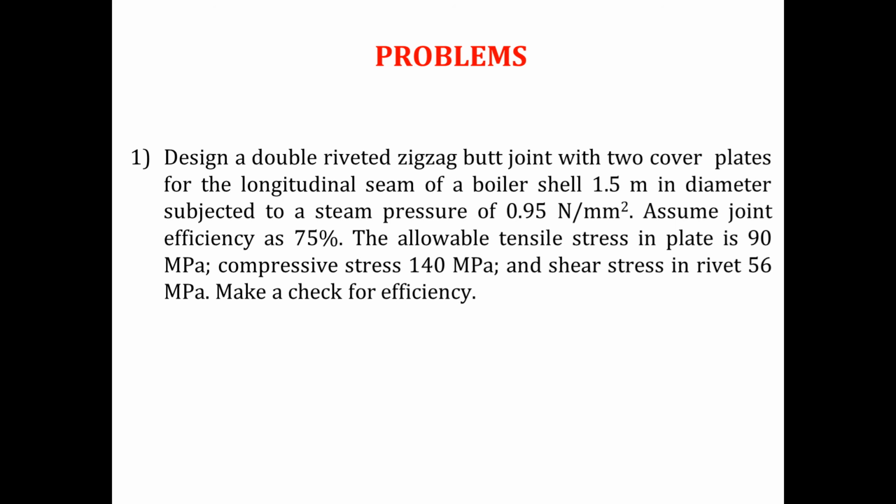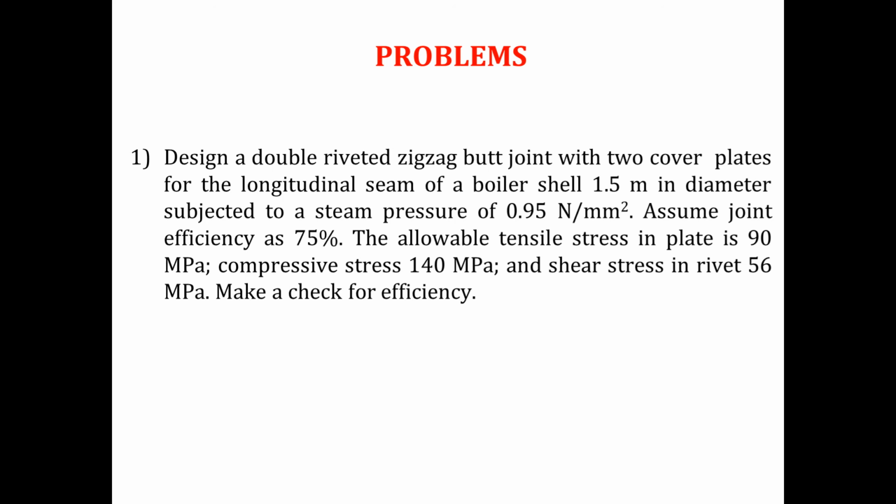Assume joint efficiency as 75%. Allowable tensile stress in the plate is 90 megapascal, compressive stress 140 megapascal, and shear strength in rivet is 56 megapascal. Make a check for efficiency.